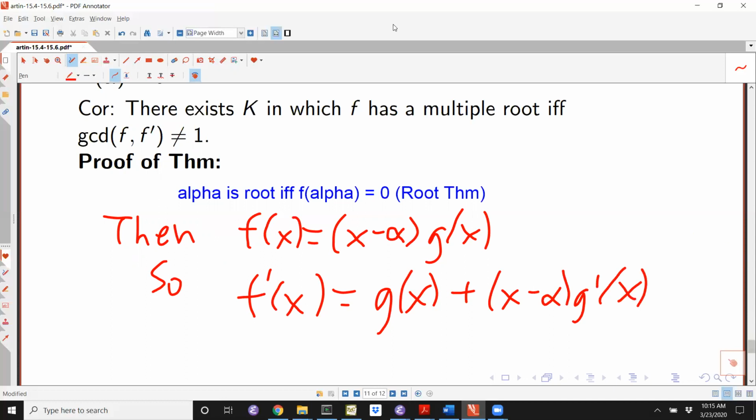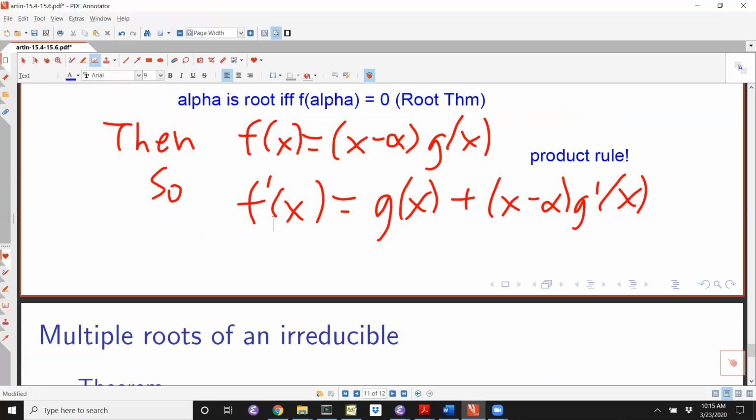Yes, the product rule. Crazy, huh? Wacky. Which means that f prime of alpha, if I plug in alpha on both sides, is equal to g of alpha.